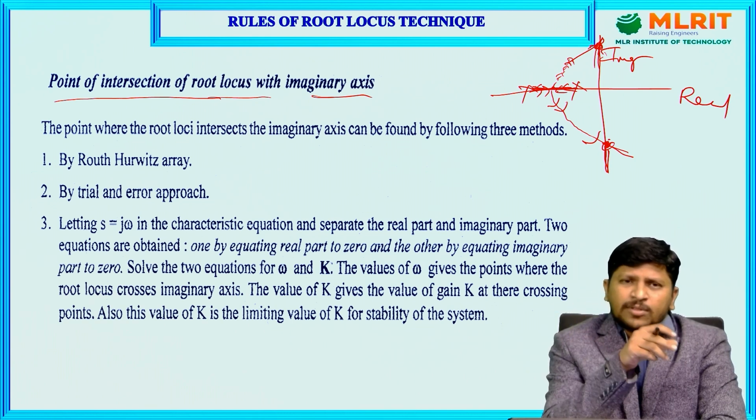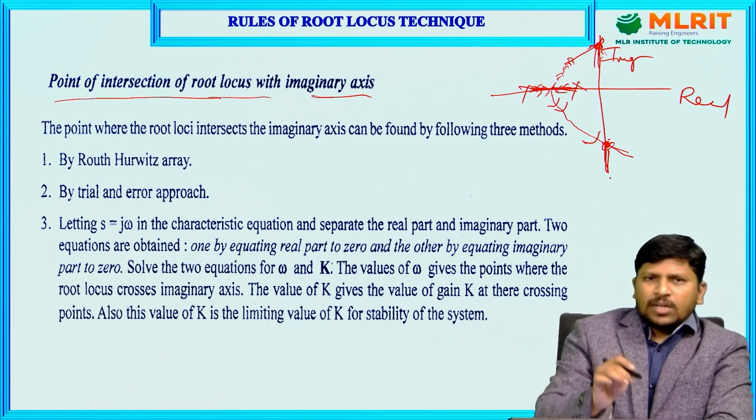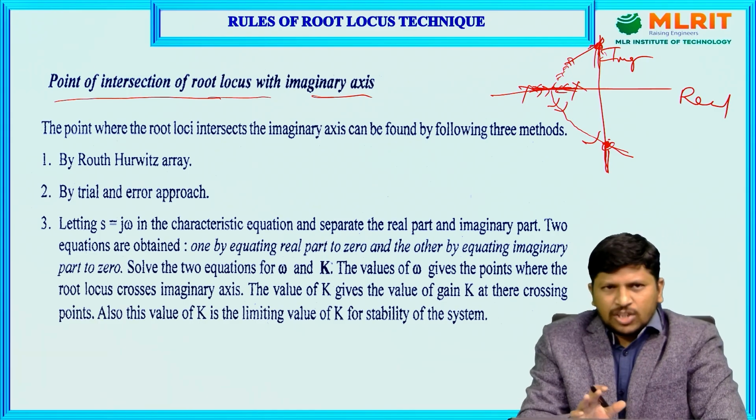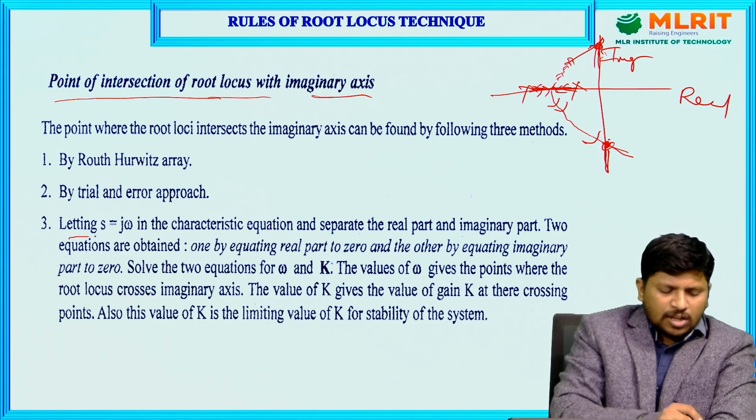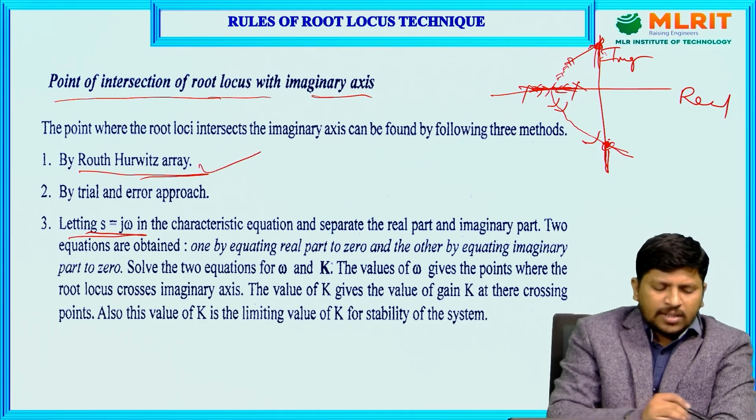Then observe whether that point is on the imaginary axis or not, using the condition s equals j omega, or else the Routh-Hurwitz array matrix. The Routh array is very easy.